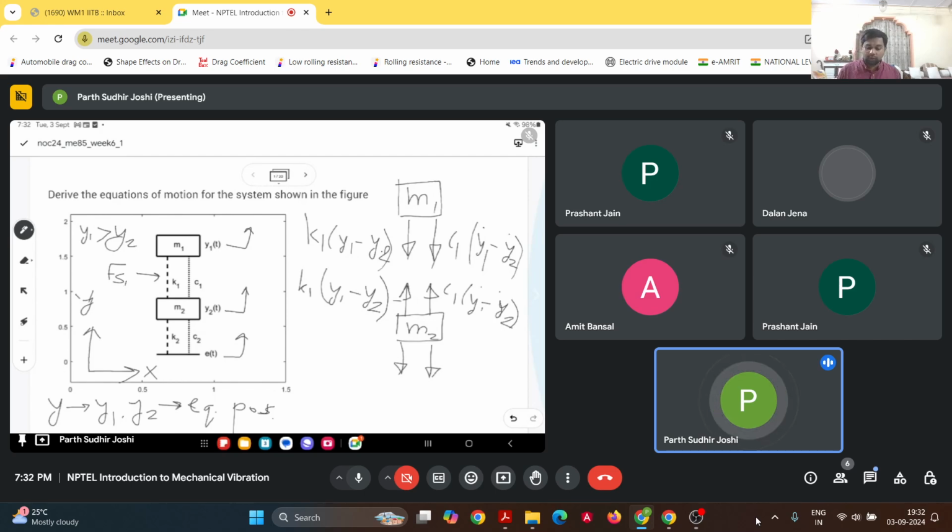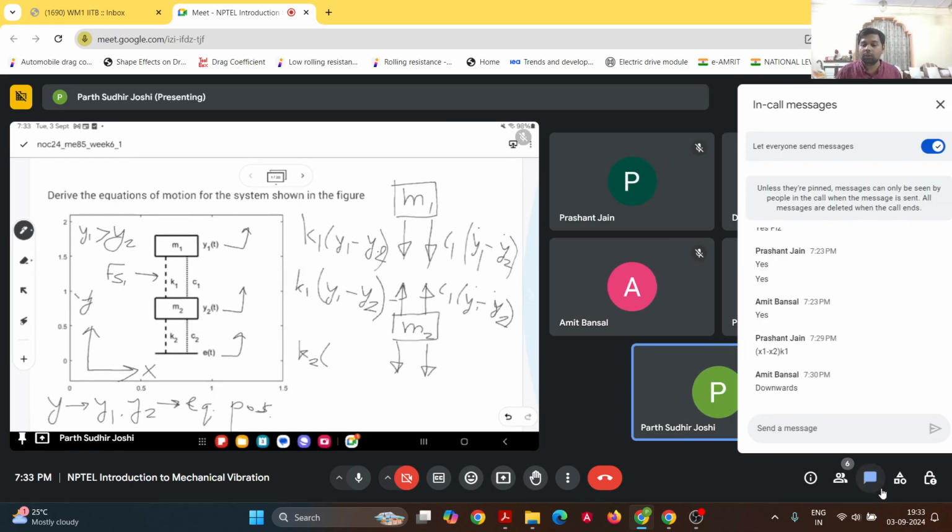So these will be the equal and opposite forces in the spring K1 and damper C1. Similarly, let us assume that the spring K2 is also in tension. So what will be the expression for the force in the spring K2?